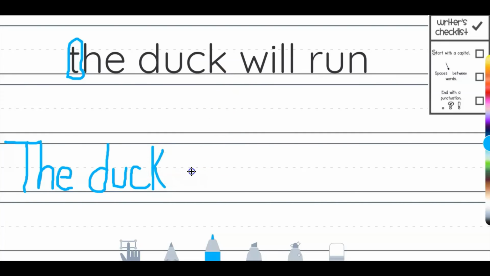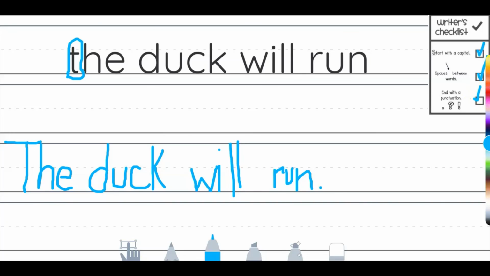Finger space, will. Finger space, run. And then period. Let's go to our checklist. I started with a capital, an uppercase. I have finger spaces in between my words, and I ended with a period.